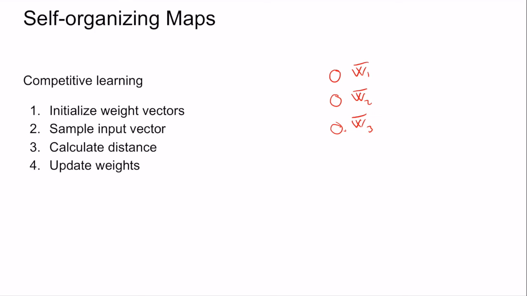And then we could have an input x, which could be something like x1, x2, xn. Normally the number of input elements is larger than the number of neurons.